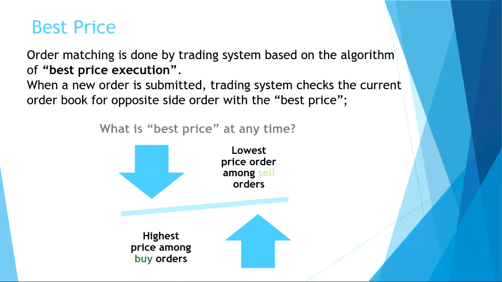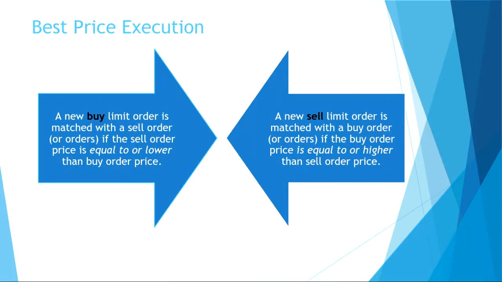So I'll give you an example, but before the example, let's see this slide. A new buy limit order is matched with the sell order if the sell order price is equal or lower than the buy order, right?